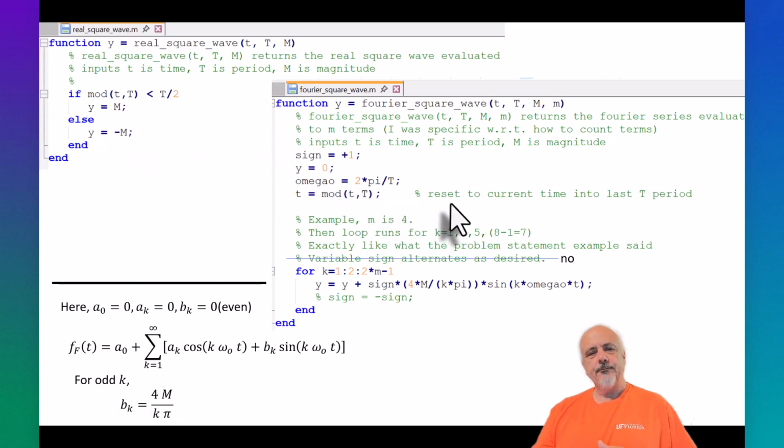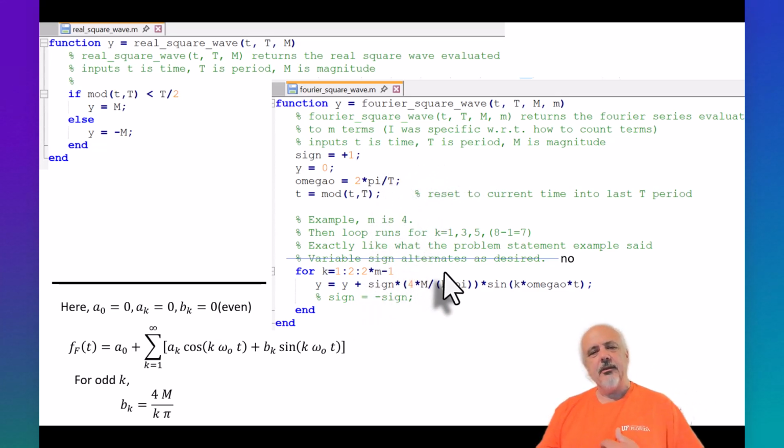And then for the Fourier square wave, I'm going to have the time coming in, the period coming in, the magnitude coming in, but I'm also going to want to know how many terms I'm going to use here. That's going to help me stop the for loop that we have down here.